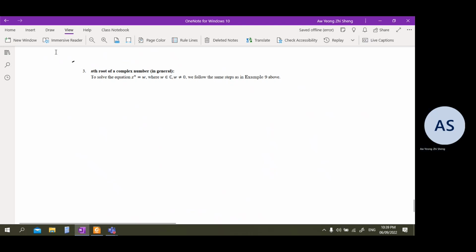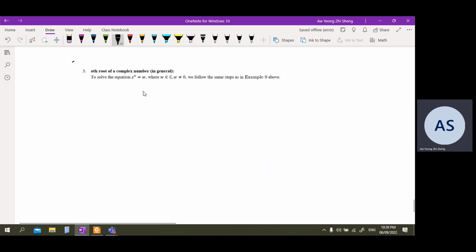Right, so it's saying that if you need to solve, let's say, z cubed equals to 1 plus 4i, then you will just follow the same procedure as in example 9 that we just done, where you first convert this into polar form. Convert to polar form. And then next, you add the argument in the polar form by 2k pi, where k can take any integer. Then next, you would move your power 3 over.